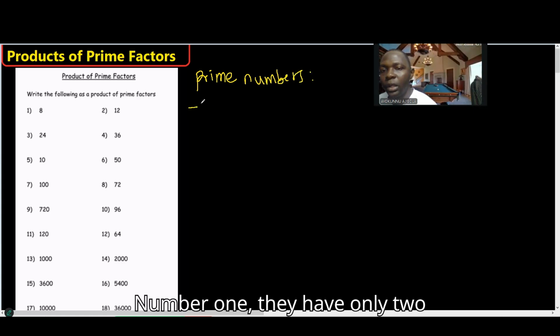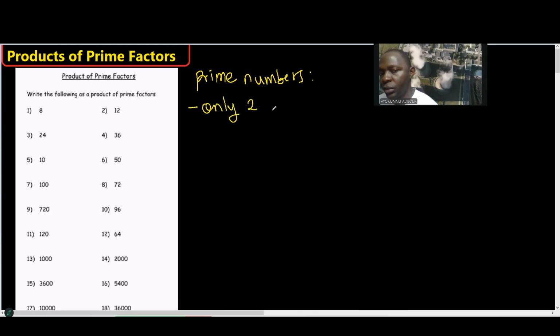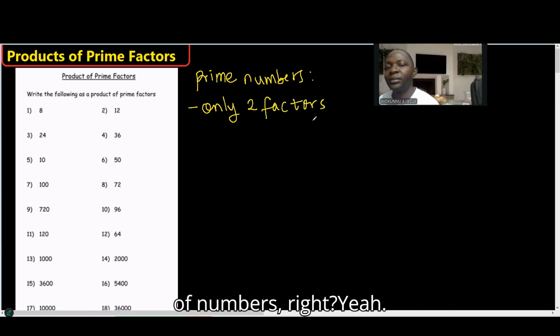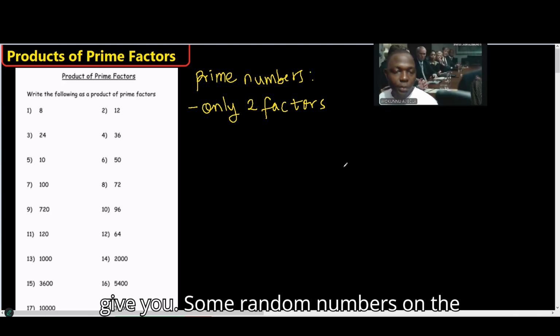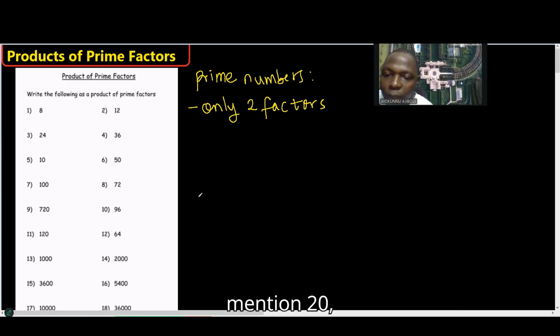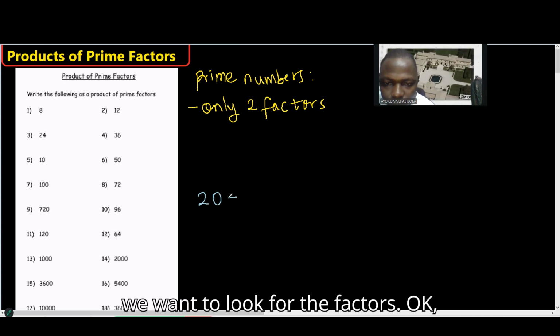Number one, they have only two factors, not more than two. You remember when we used to look for factors of numbers, right? For example, if I give you some random numbers on the board, if I mention 20, we want to look for the factors.